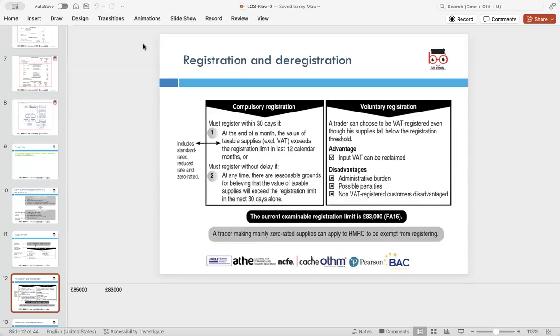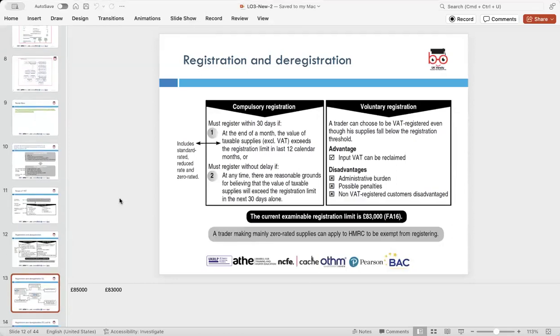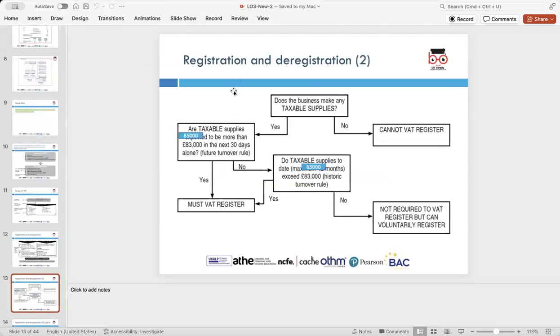VAT registration decision making. When considering whether a business needs to register for VAT, there are specific criteria and rules to follow.